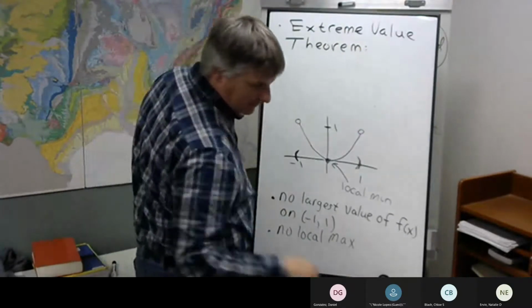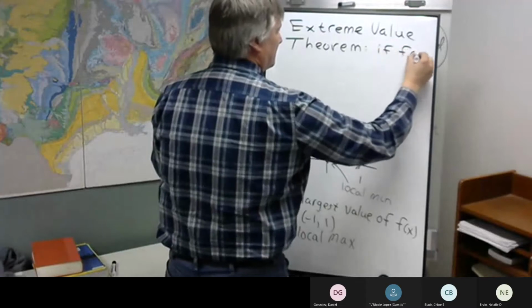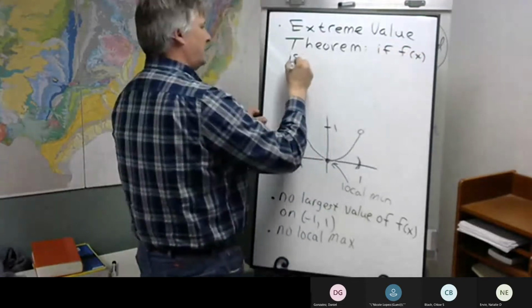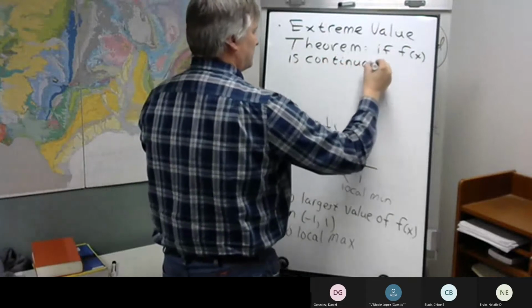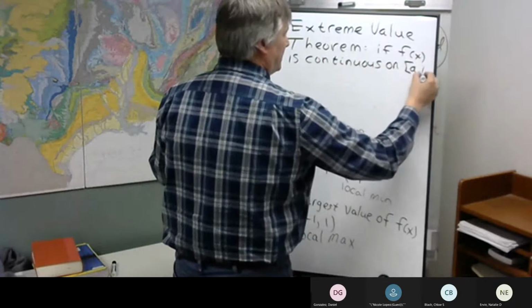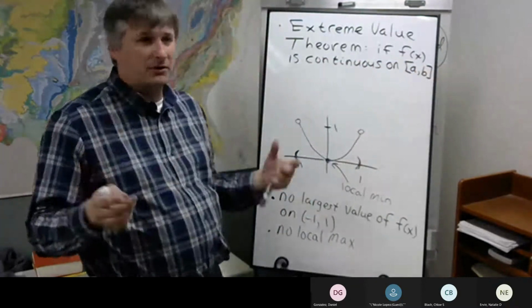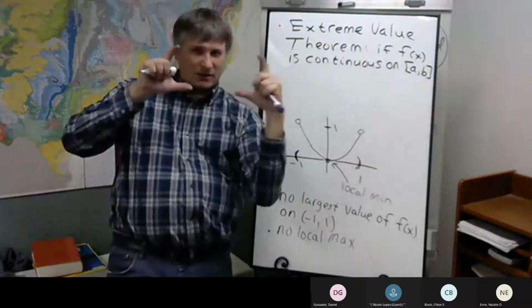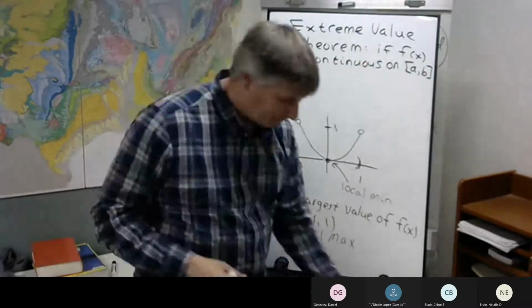So if f of x is continuous on this closed interval AB, so now we're switching our focus. We're not talking about the entire domain, we're not talking open intervals, we're talking closed intervals.